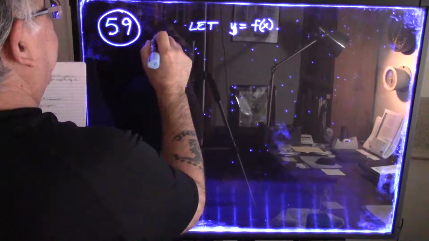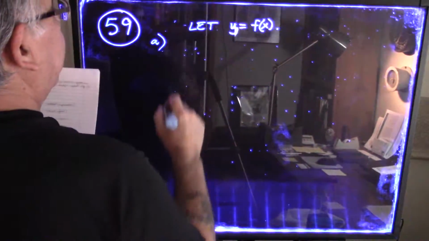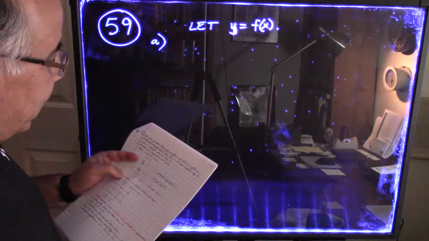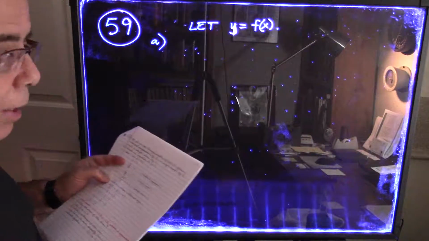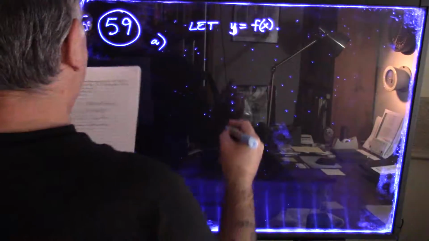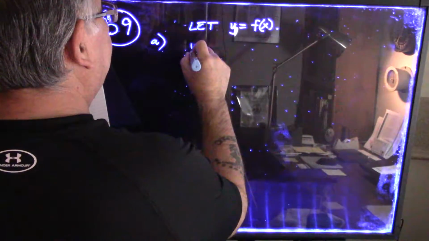So we got part A here. What we're going to do is take f of x and then transform it into g of x using the parameters they describe. So we've got y equals x.